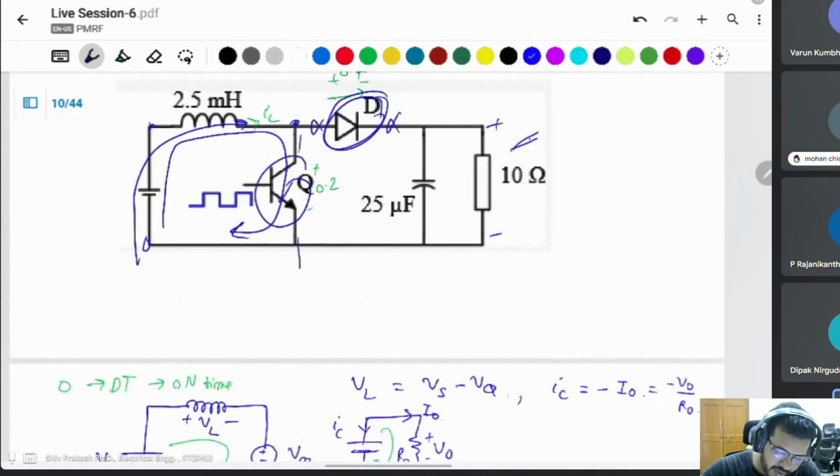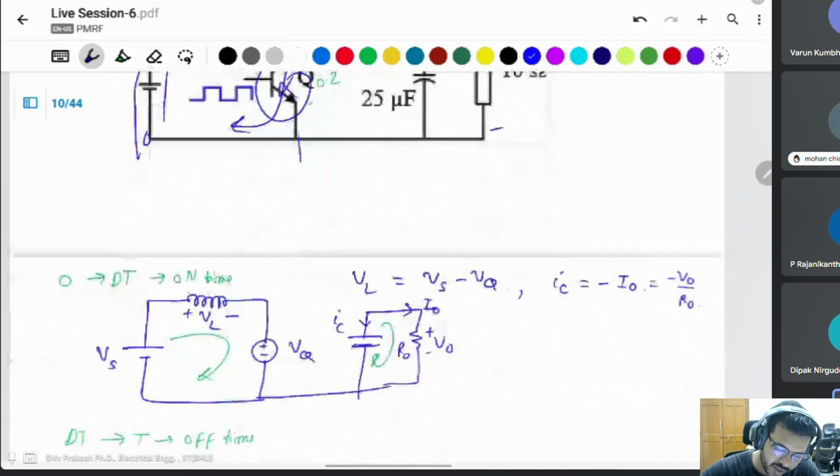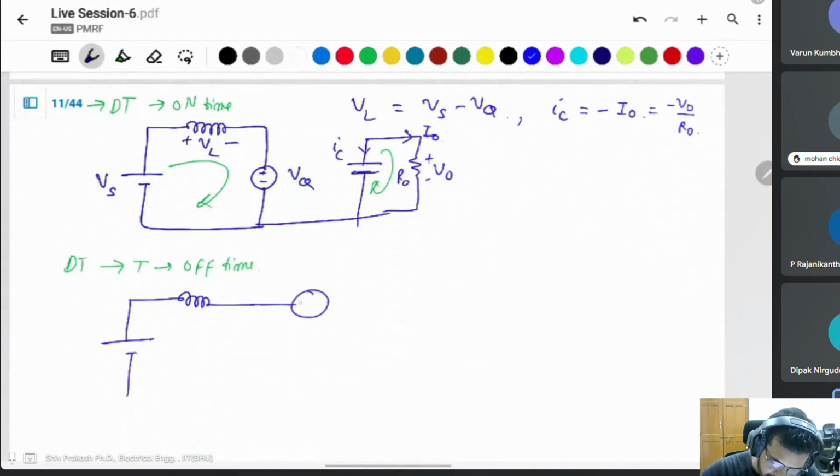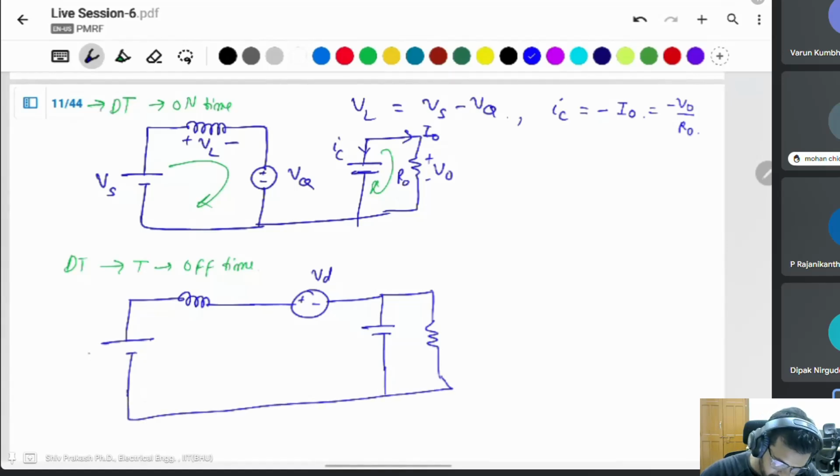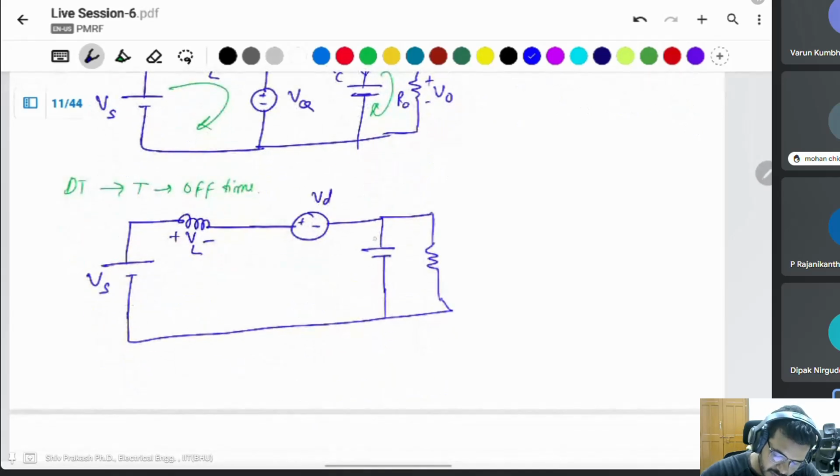This switch is off, then this diode will be forward biased, but there is some voltage drop known as VD, the diode voltage drop. But there is a capacitor, there is a load resistance, current of IC, this will be V naught, this will be R naught, I naught.